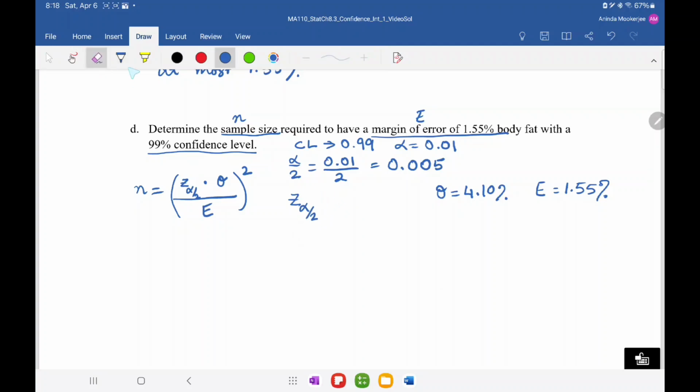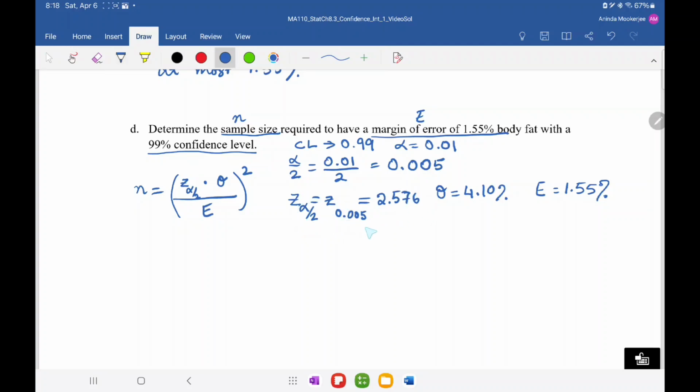So let me make this a little bit closer. So Z of 0.005, and if you look up your Z table and the special Z table, you will come up with a value of 2.576. Okay, 2.576 is Z of 0.005.